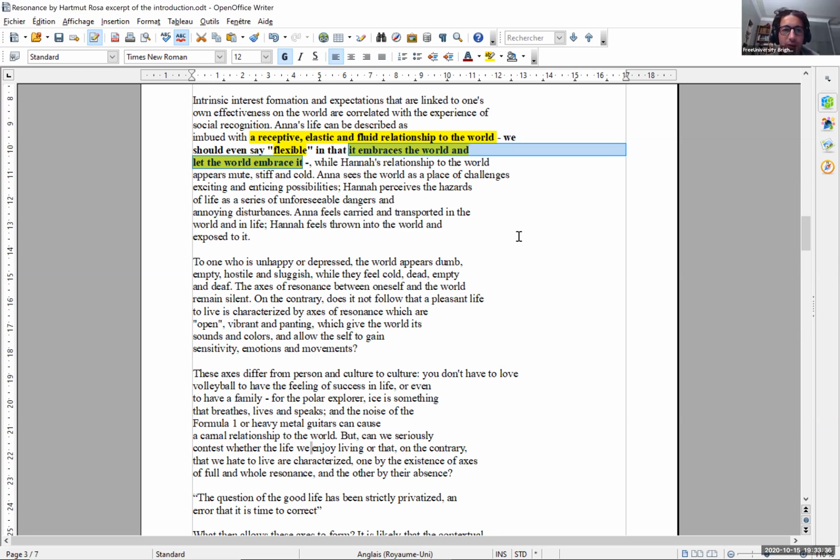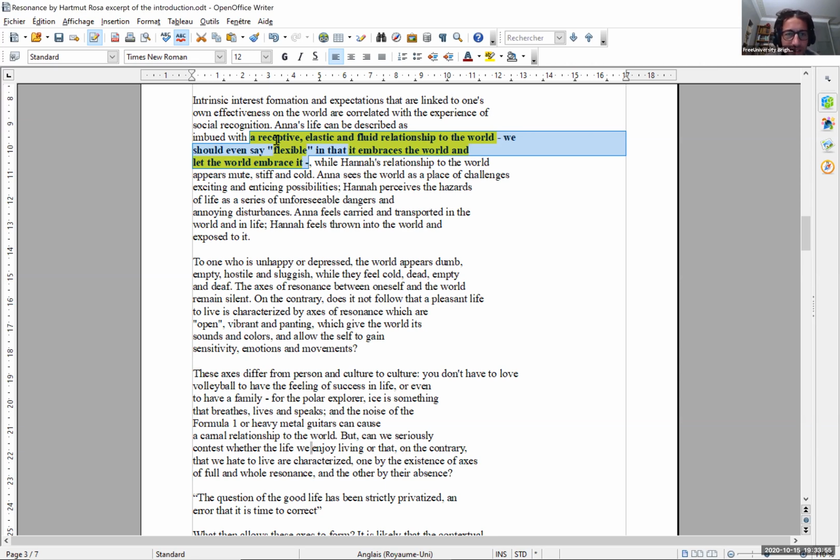Yeah, good point. It was good to come back to this part of the text, which is almost a definition again of resonance. Can we find in this definition what would be the components of the resonance?